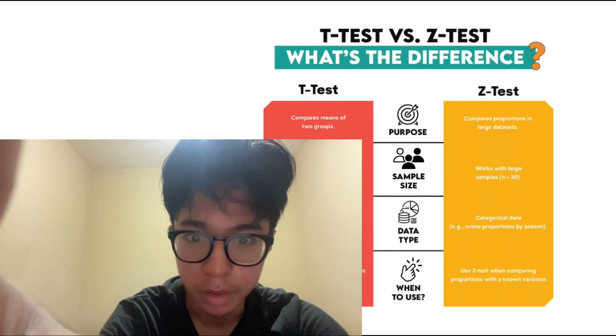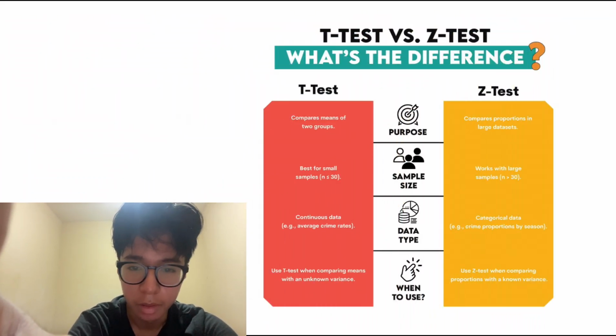Okay, thank you. Sure. So there are two types of tests used in one sample hypothesis testing: the z-test and the t-test. We use the z-test when the sample size is larger than 30 and the population standard deviation is known.